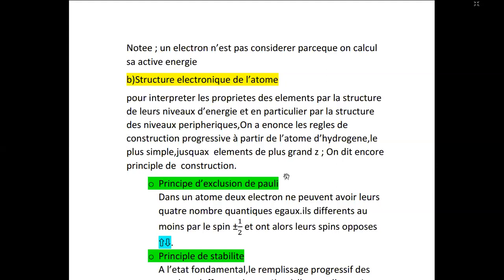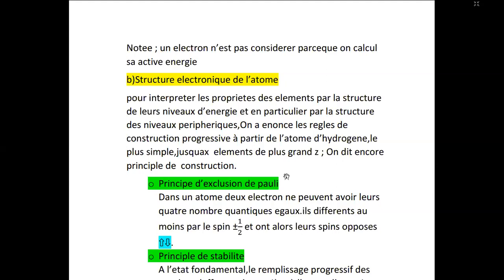Now we're going to go to structure électronique de l'atome. So the structure électronique de l'atome is simply how you write its electronic structure.